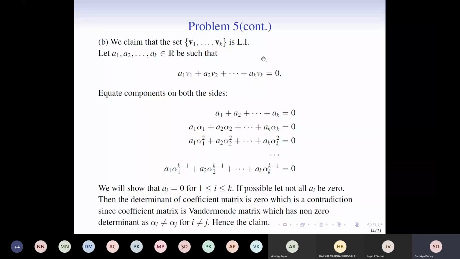But by what is given, the Vandermonde determinant cannot be 0 because alpha i is not equal to alpha j for i not equal to j. Therefore all the ai's have to be equal to 0, and hence the claim follows. Any doubt in this part?